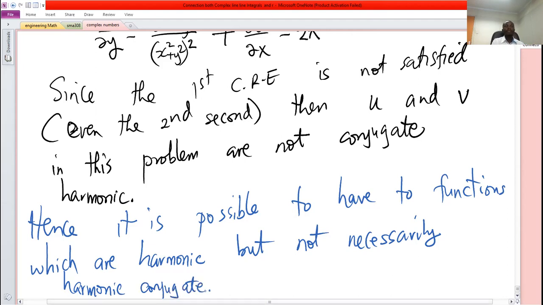So there's a possibility of that one. When you say two functions are harmonic, it does not necessarily mean that they are harmonic conjugates. So for you to show that they are harmonic conjugates, you have to show that they also satisfy both Cauchy-Riemann equations. Thank you.